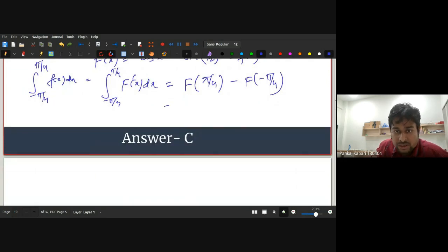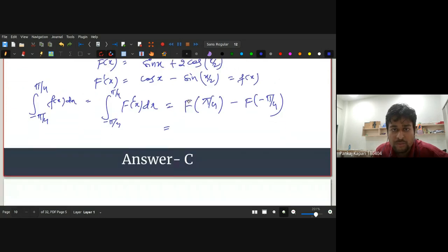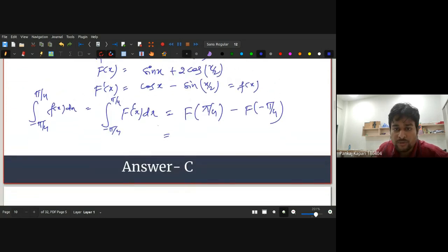So what is that? F of pi by 4 means we have sine of pi by 4. So what is sine of pi by 4? Must be 1 over root 2, and then plus 2 times cos of pi by 8, right?